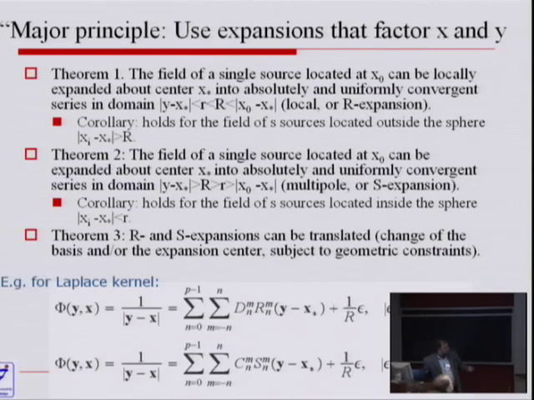There are some theorems which I will not go through, because they say very simple things: that this potential can be locally expanded in a kind of Fourier series, in this case a sum of spherical harmonics, these basis functions, or as a sum of multipoles for the far field.